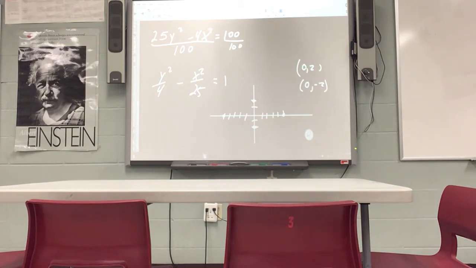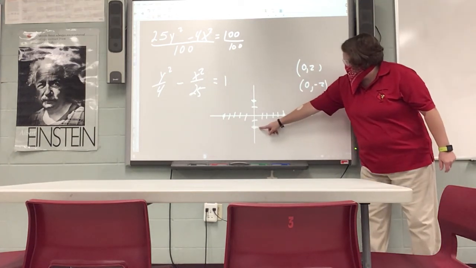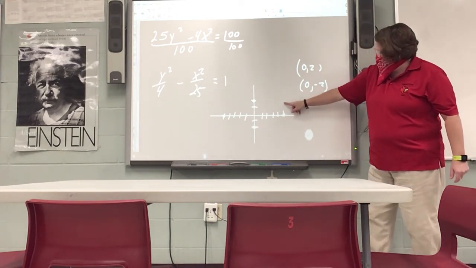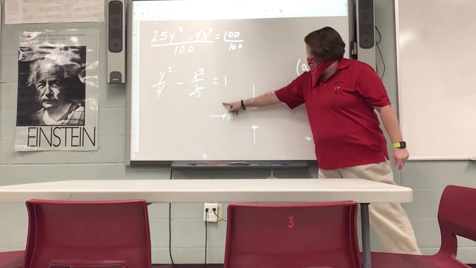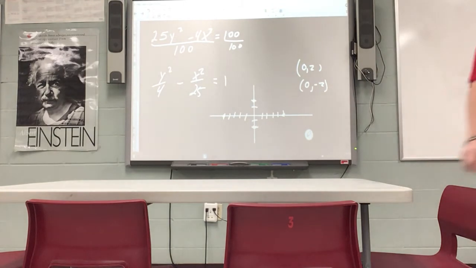Now I can extend here and draw a rectangle. Do you see how I can extend that and draw a rectangle? Let me draw a dashed one, because it's not actually part of my graph.